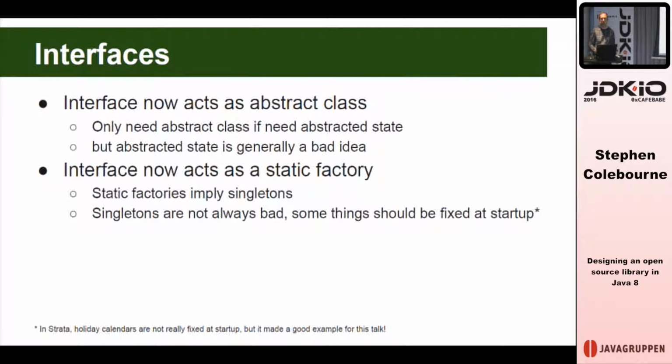So effectively, for most use cases, an interface is now going to act as an abstract class. So when do you need an abstract class? Well, pretty much never, would be the general advice. The only time you would really need one is if you wanted to have abstracted state.